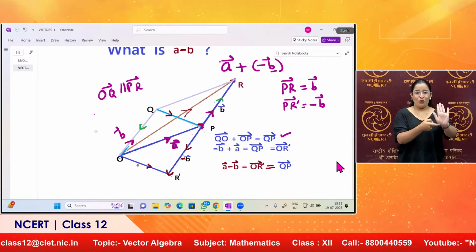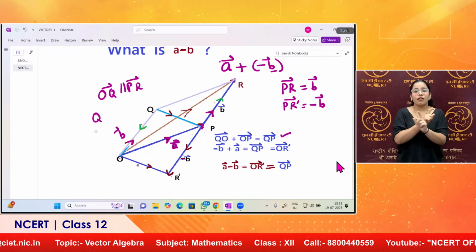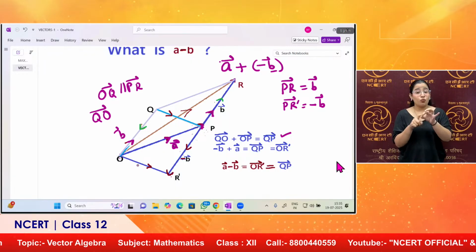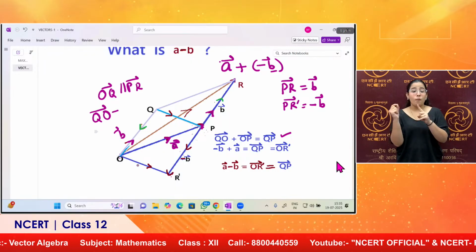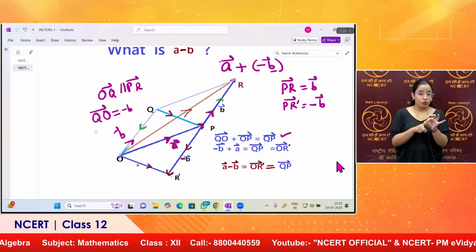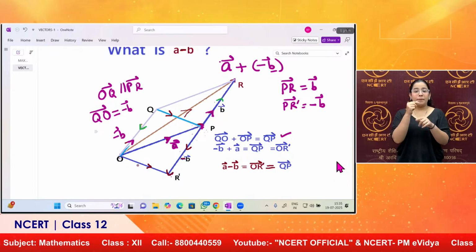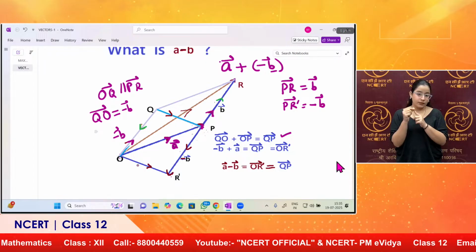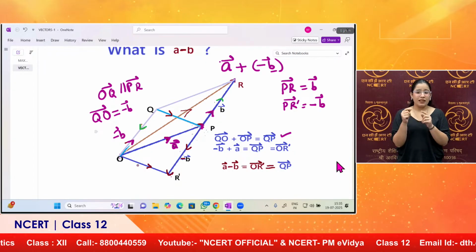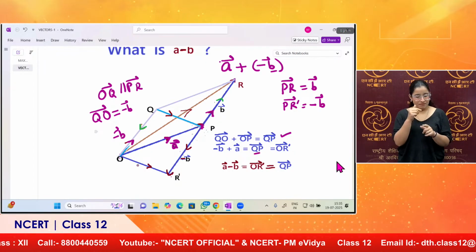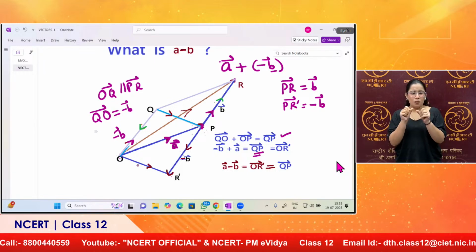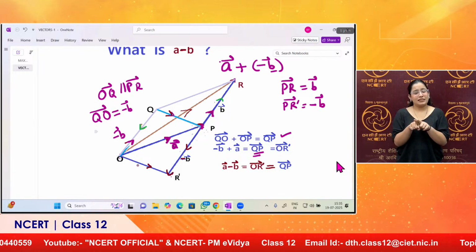It is in the opposite direction, which says that it's a negative vector, minus of B. Right. Now, minus B plus A is actually the QP vector. So this is the resultant that we have.